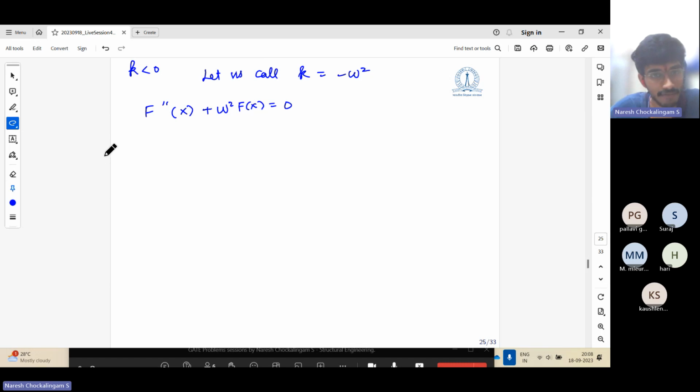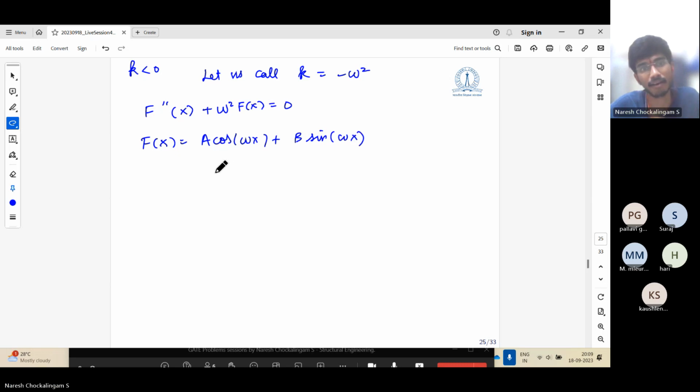All of us know the general solution to this problem, which is f of x is equal to a cos omega x plus b sine omega x. Now enforce the boundary condition. f of x equal to 0 is equal to 0. What does that mean? This term will vanish.